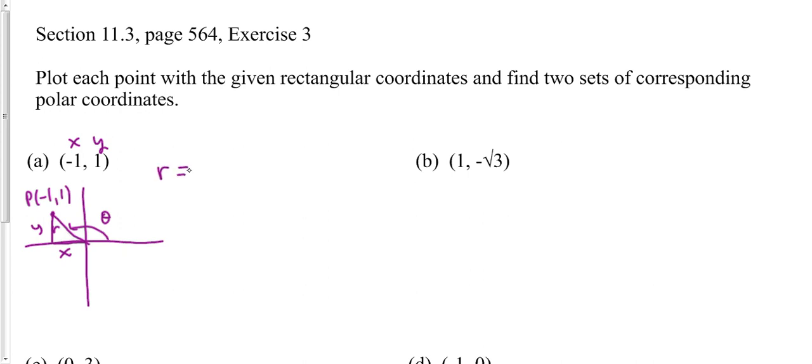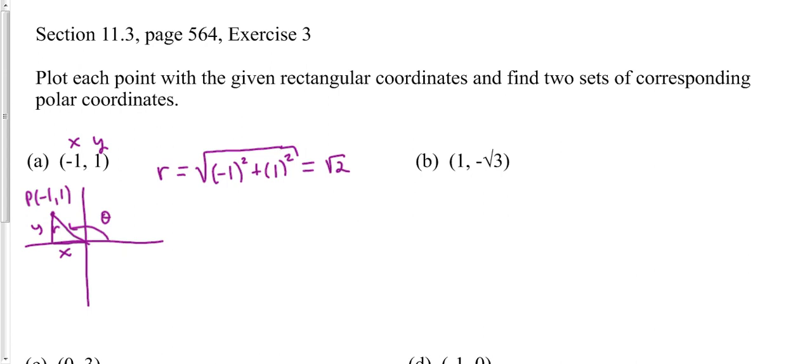So r is going to be equal to the square root of -1 squared plus 1 squared, which is going to give us radical 2.